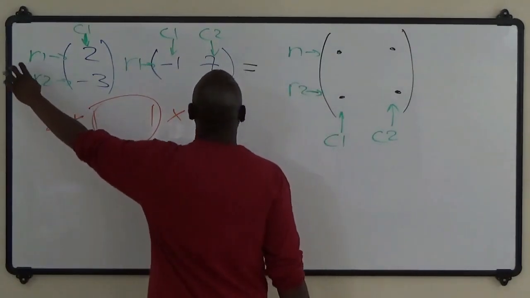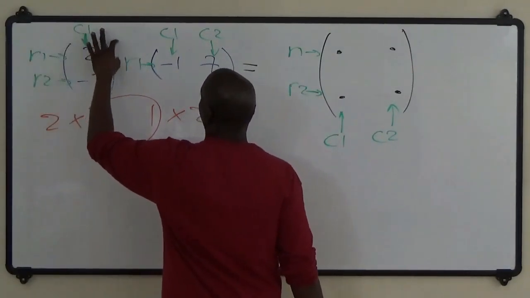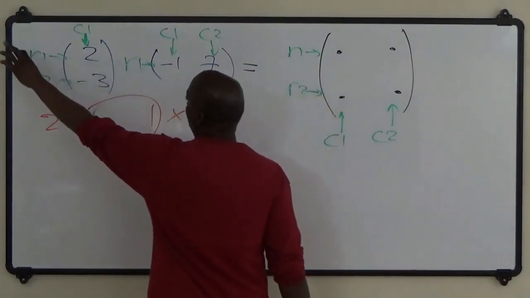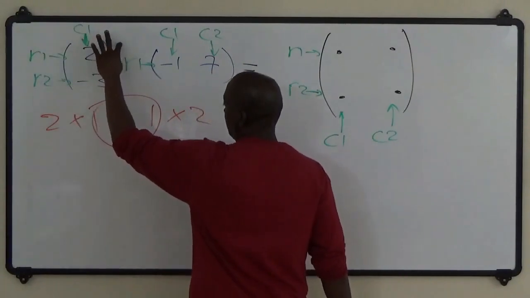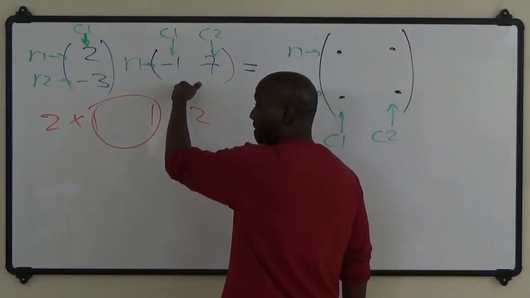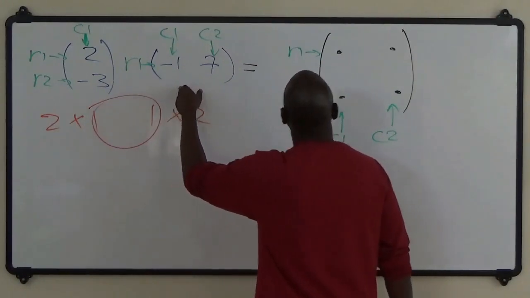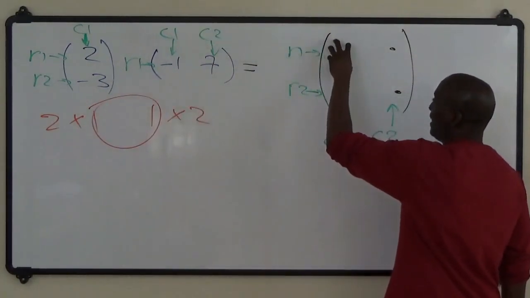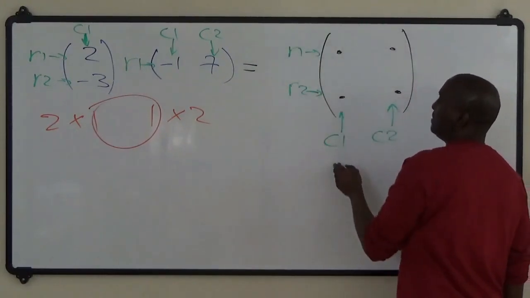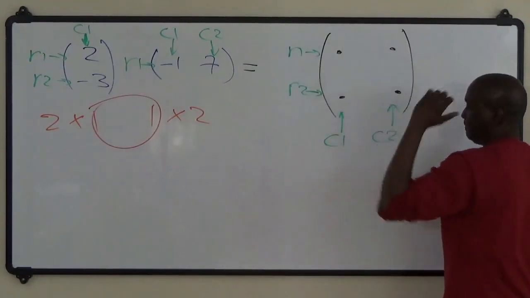Interacting the first row of matrix A and the first column of matrix B will give you the value at the intersection of the first row and the first column of matrix C.